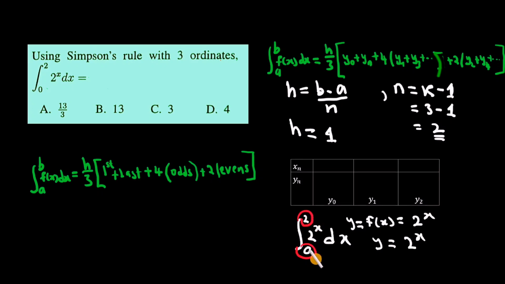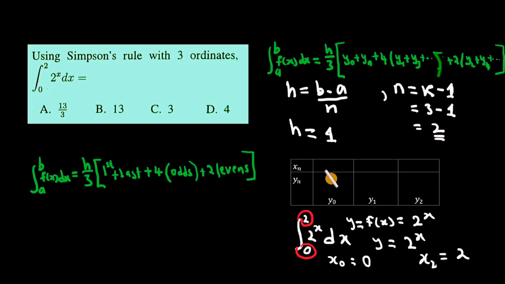So the first value of x, that is x0, is equal to 0, and the last value of x, that is x2, the corresponding x value to y2, is 2. So the first value of x is the first limit of this integral, and the last value of x, x2, is equal to the last limit of this integral, which is 2.